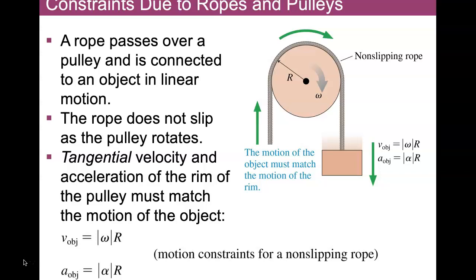The pulley accelerates, there are torques applied on the pulley. The first thing is these kinematic constraints: when things move together and they don't slip, various kinematic quantities become tied together.